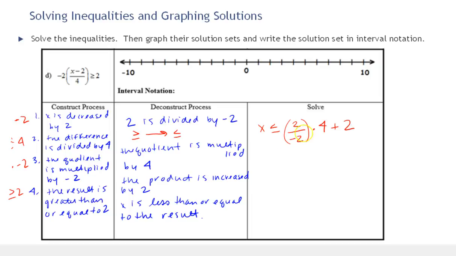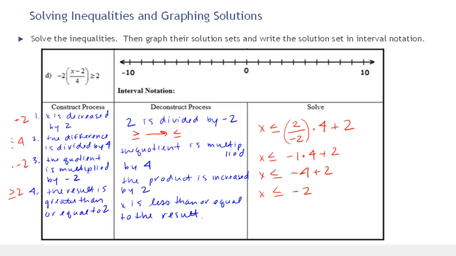Okay. So now we can compute this. First, 2 divided by -2 is -1 times 4 plus 2. And then we'd multiply. -1 times 4 is -4 plus 2. And finally, -4 plus 2 is -2.